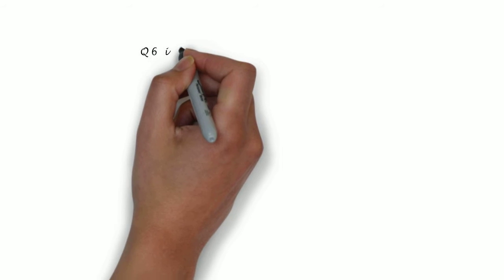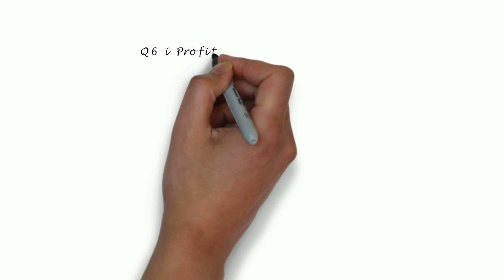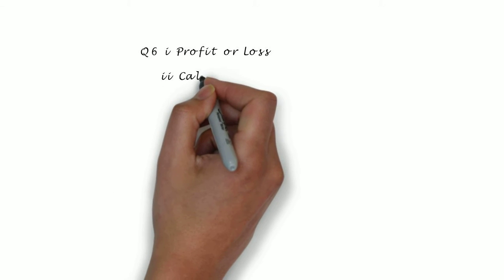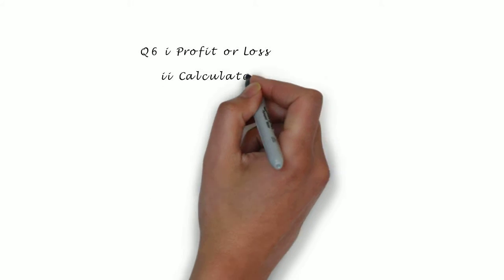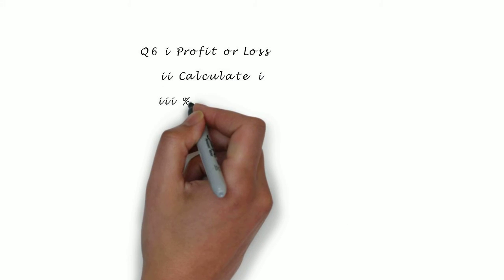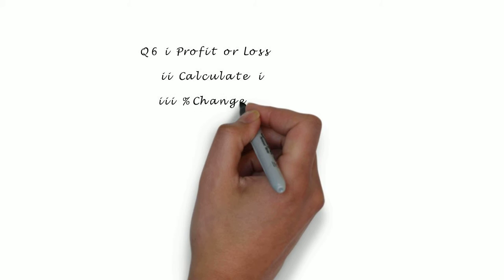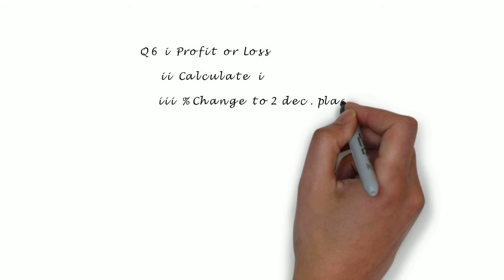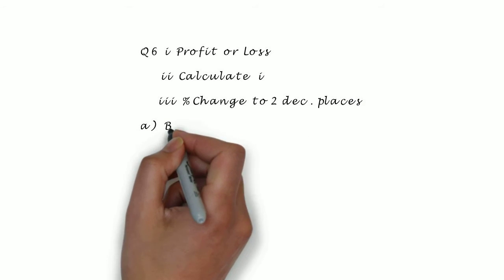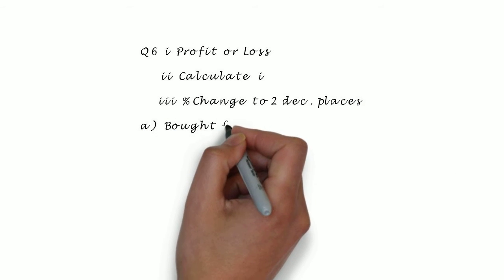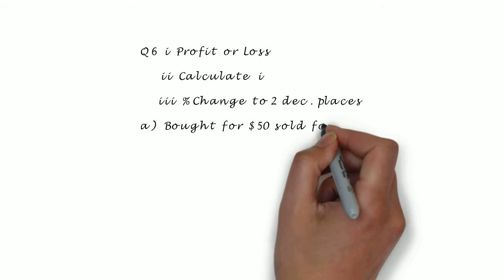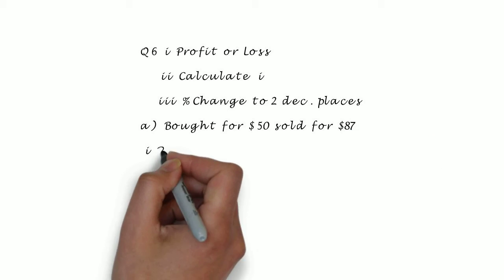And we'll have a look at question 6 now. There are 3 parts for question 6. It asks you to state whether it's a profit or loss. Then part 2 is to work out that profit or loss in dollars. And then part 3 is to work it out as a percentage change to a couple of decimal places. So in the first part, A, the chair is bought on eBay for $50 and sold for $87.